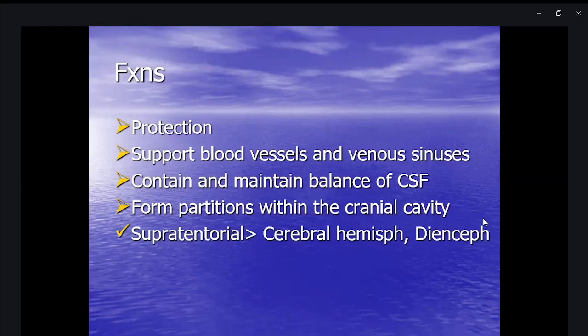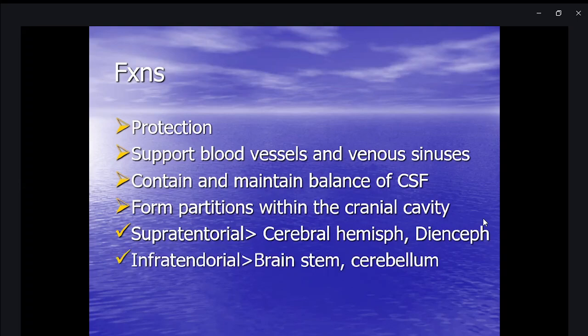The partitions that are formed, we talked about the tentorium cerebelli, which divides the cranial cavity into supratentorial and infratentorial compartments. In the infratentorial we have the brainstem and cerebellum, supratentorial we have the rest. The meninges also support the choroid plexus, specifically the pia mater.